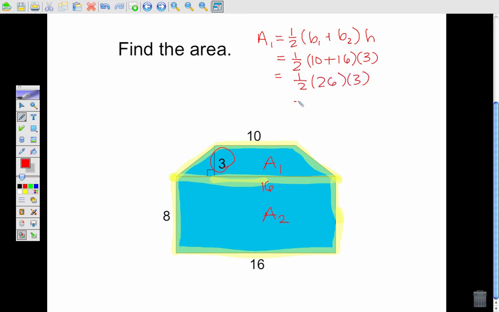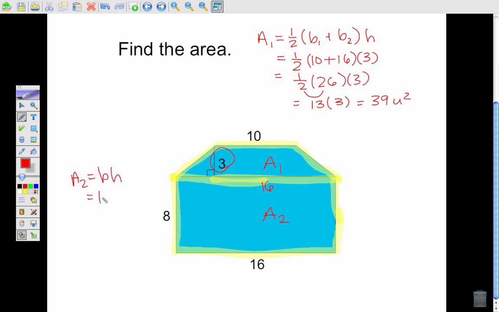So I have 1/2 times 26 times 3. 1/2 times 26 is 13. Take that times 3 and I get 39. So that's area 1.